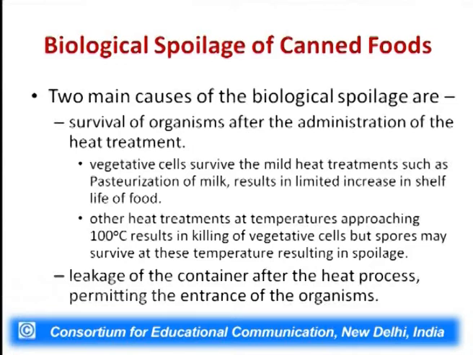That is, suppose we have heat treated the can and organisms have been destroyed, but if post processing contamination takes place and microorganisms can enter the can, then they will lead to the spoilage of food present in the can.